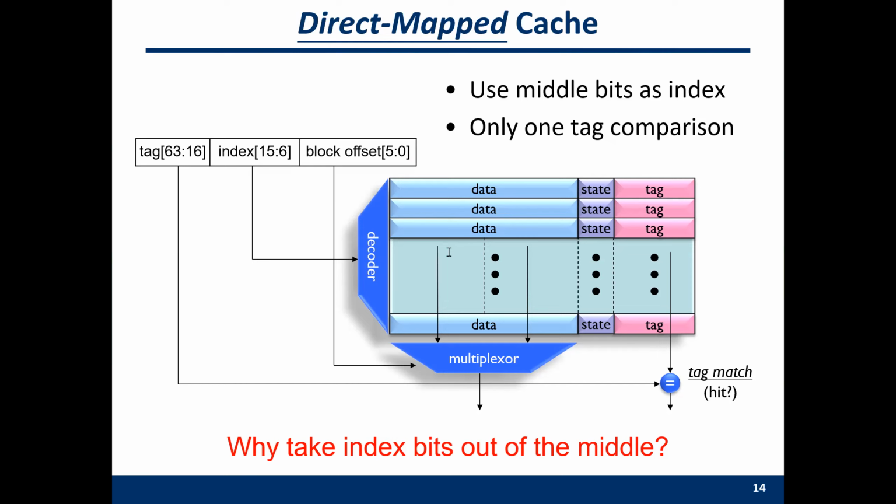frame. If I send you another address, 100, so this is a decimal address, not a binary address, you also do a mod, and the result is still 0. You will also go to the same entry.